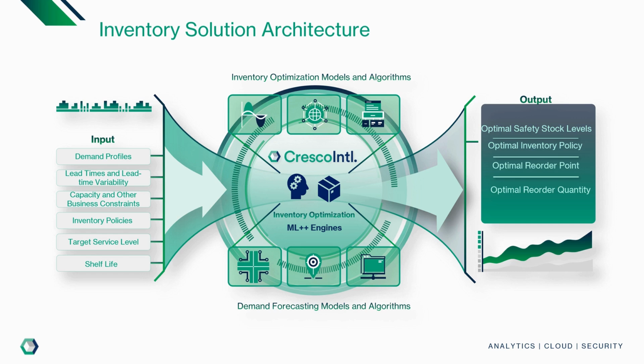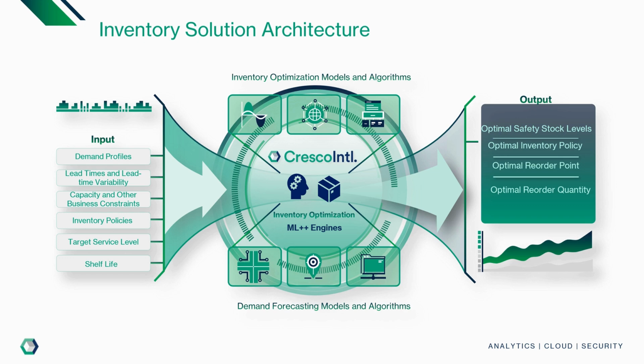Some of the key inputs to our inventory optimization engine include detailed demand forecast profiles by SKU, location, and time period generated by the predictive forecasting models. The other input is data on replenishment lead times from suppliers and lead time variability to properly model supply risk.